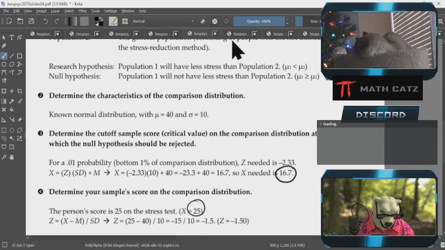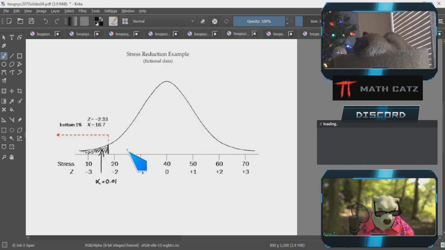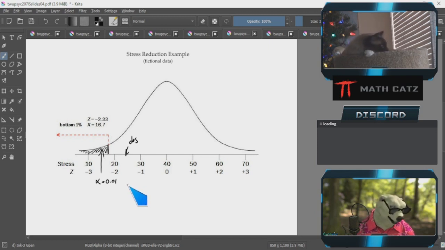We see that 25, the observed score, is over here. That's not strong enough evidence to suggest that the stress reduction method actually lowered the stress level, because it could have just happened randomly. Unfortunate.